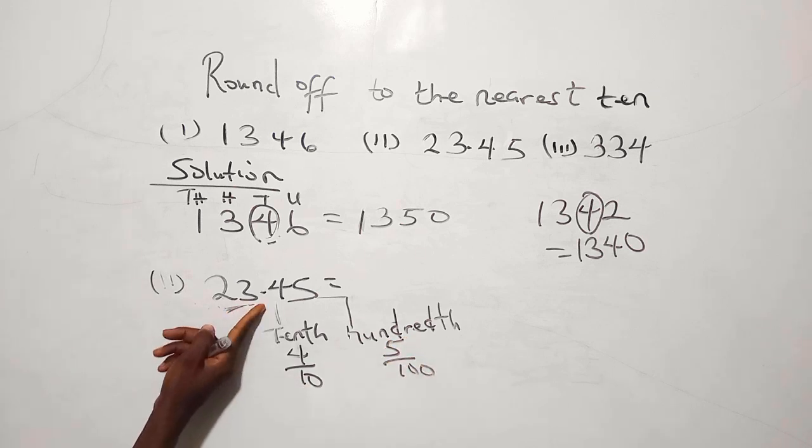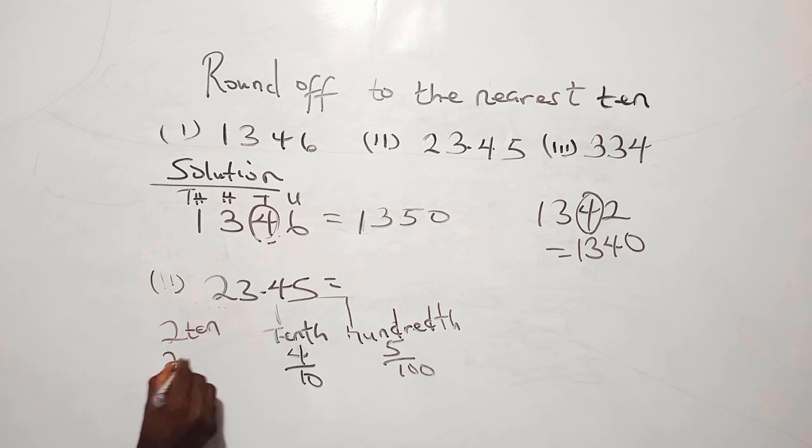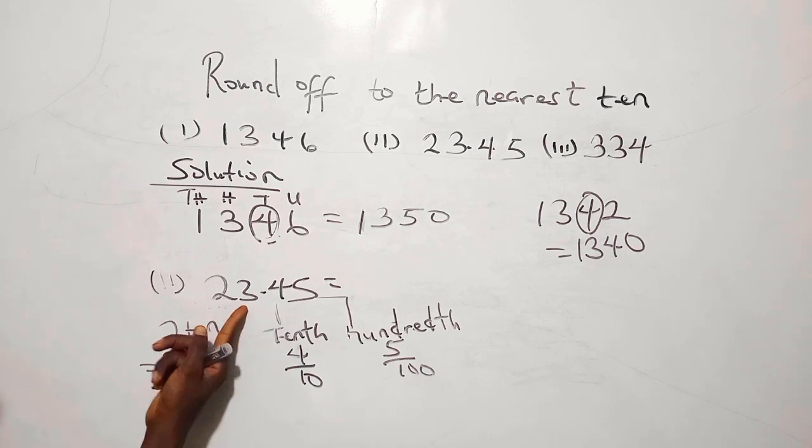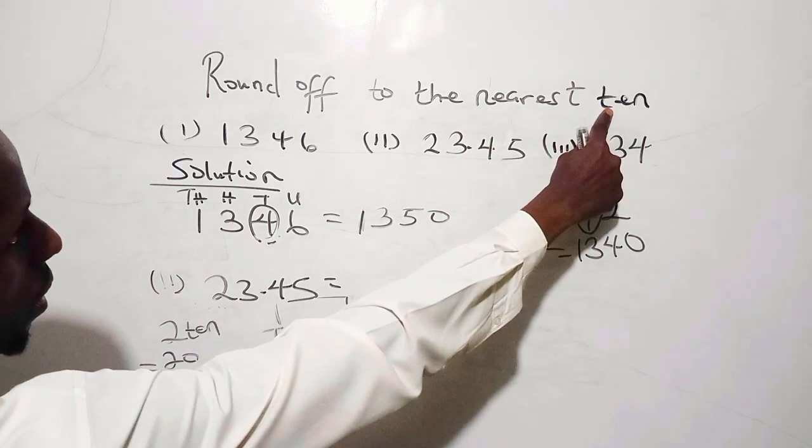For the whole number, the position of 2 here is tens, that is 20, while that of 3 is units, that is 3. So when you add this, you have 23 as the whole number. But the question says round off to the nearest 10.